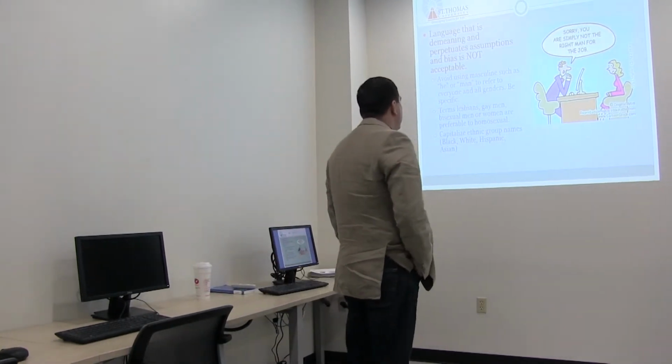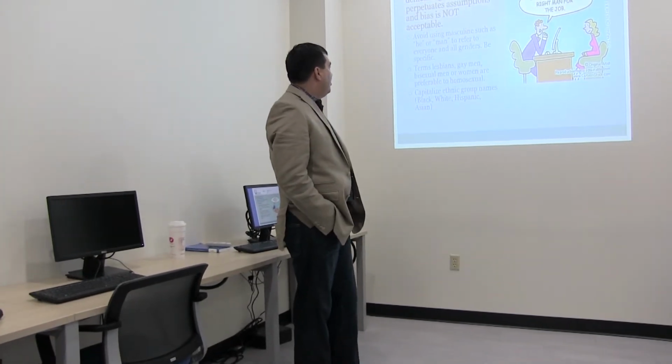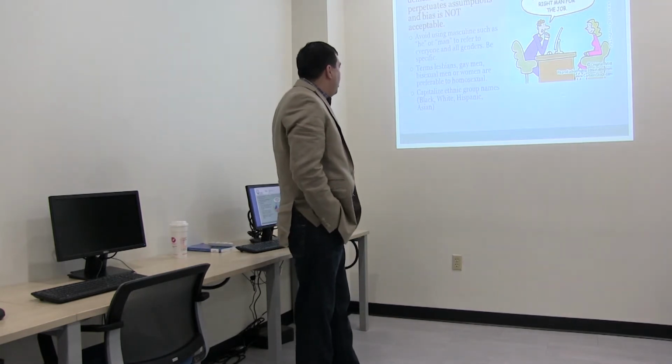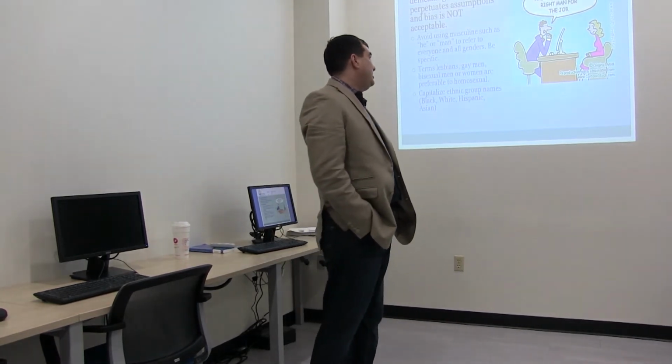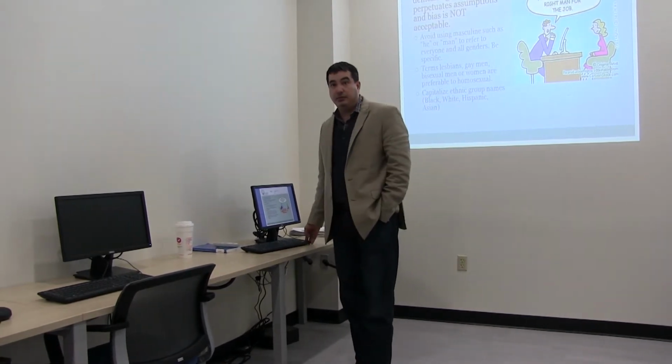You want to be as gender neutral as possible. I'm giving you examples about addressing lesbians, gay men, bisexual men are preferable to homosexual. So you're going to give the type specifically. And then you capitalize anything that is an ethnic group.